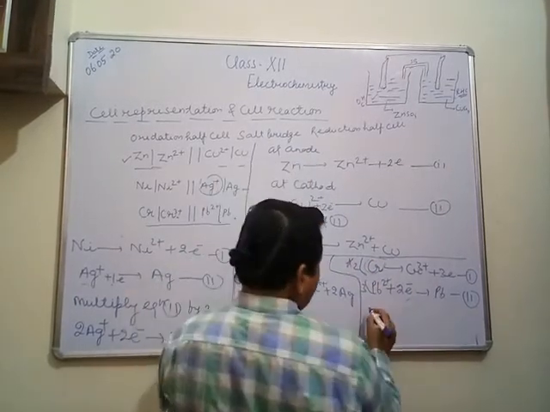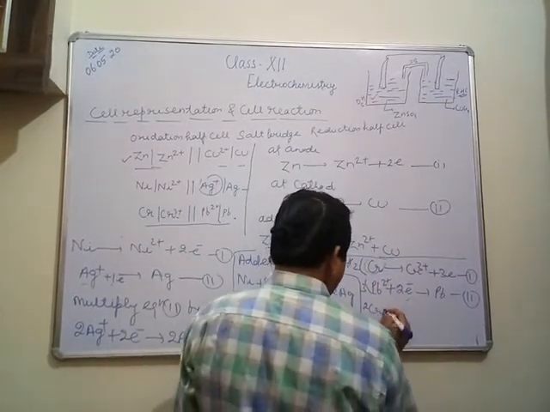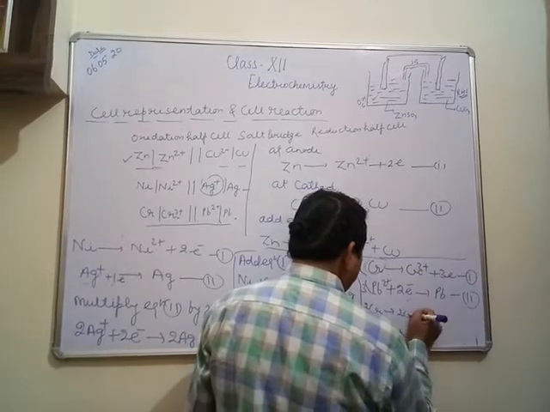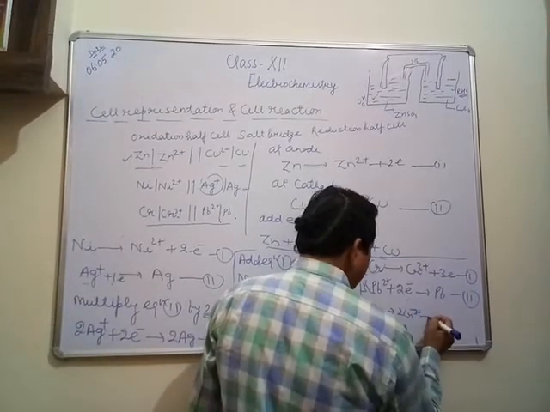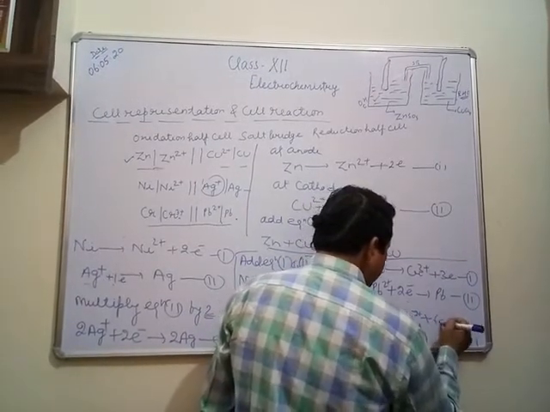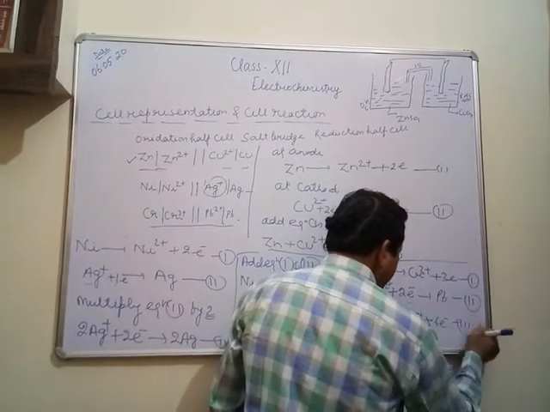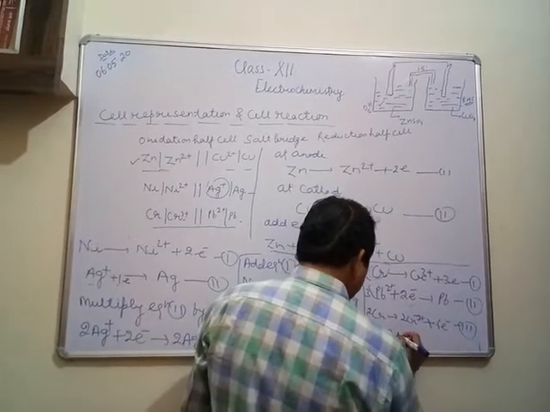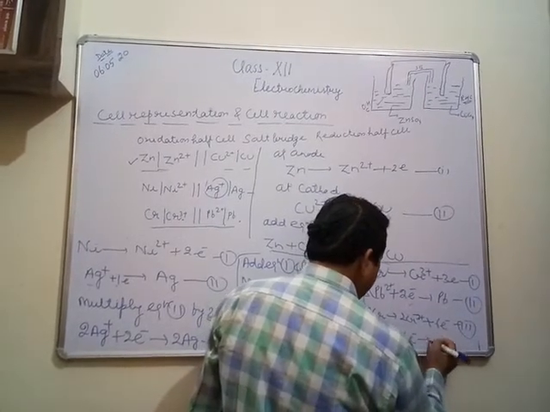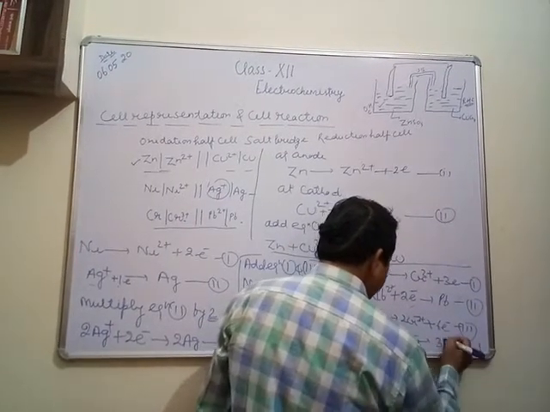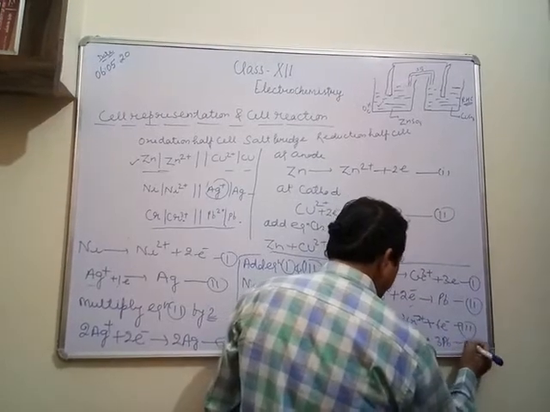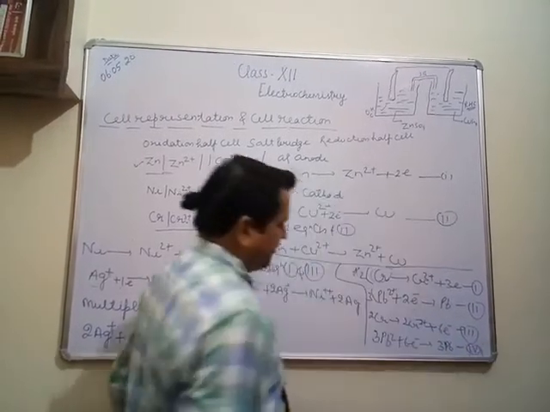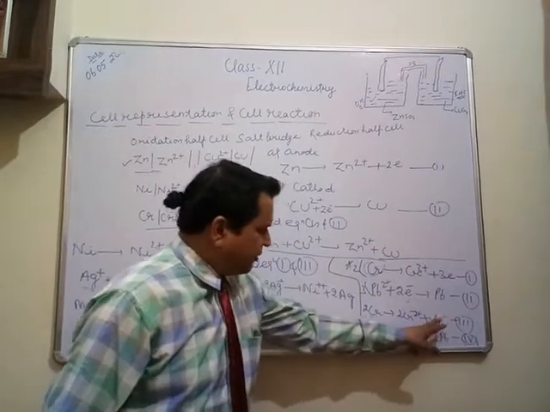Then what will I get? It will be 2Cr turning into 2Cr3+ plus 6 electrons. That will be third. And then 3Pb2+ + 6 electrons gives 3Pb. Now you can see it is equation number 4. You can see the numbers of electrons are similar, 6 electrons and 6 electrons.